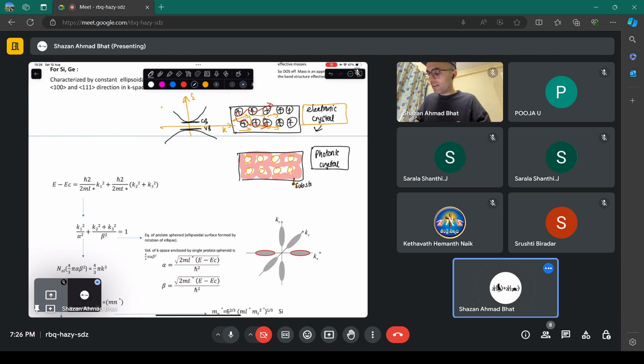Substrate means some material over which some other material is grown. Let's say this is a substrate made up of sapphire. Sapphire is aluminum oxide. Let's say this is an aluminum oxide base.